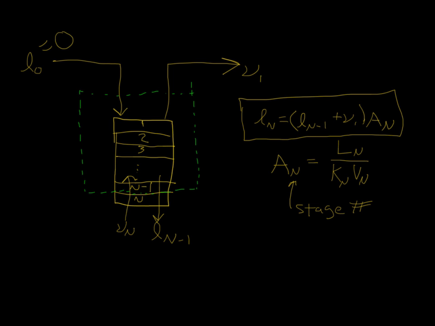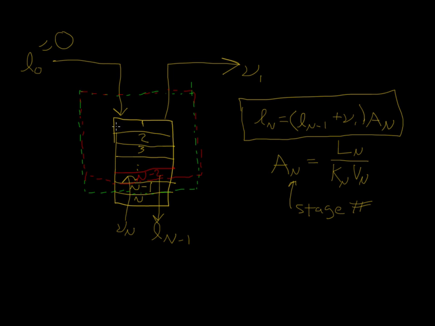Okay, so what we do next is we perform another material balance exactly similar to the one we performed initially, except now instead of going over the first n-1 stages, we're going to go over the first n-2 stages. So if we explicitly draw in that n-2 stage, it would be right here. We're going to do the same dotted box that we did over the first n-1 stages, covering the first n-2 stages.